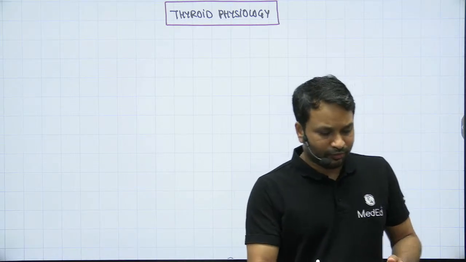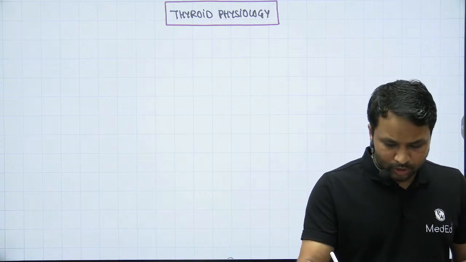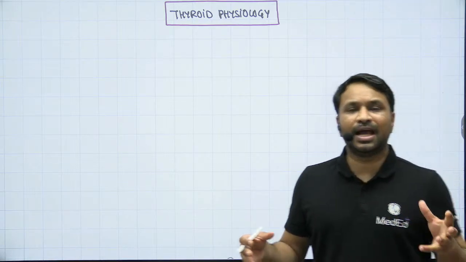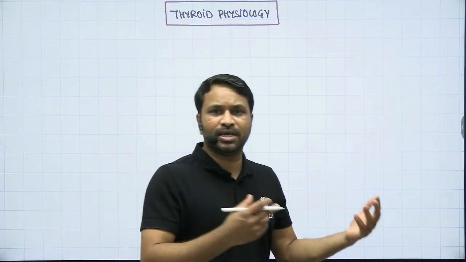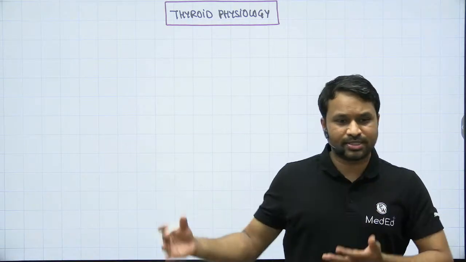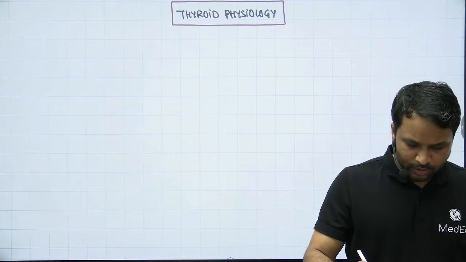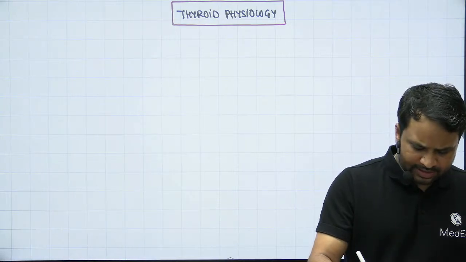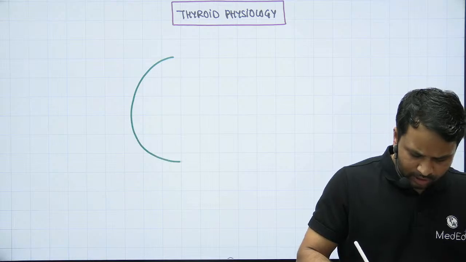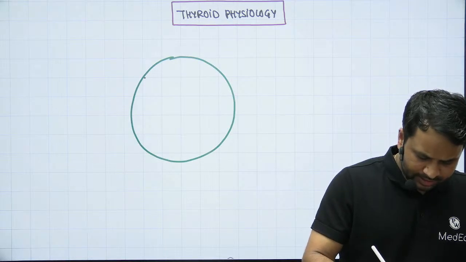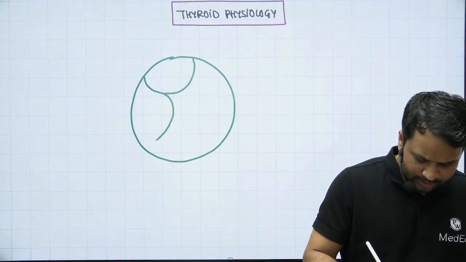Okay? Now, from the thyroid physiology, what you need to understand is how the iodine is absorbed, is it taken up by the thyroid follicular cells, how is the hormone synthesized, and how does it act in general. Let's take this as a representation. Let's say this is a follicular lumen, and these are the follicular cells.